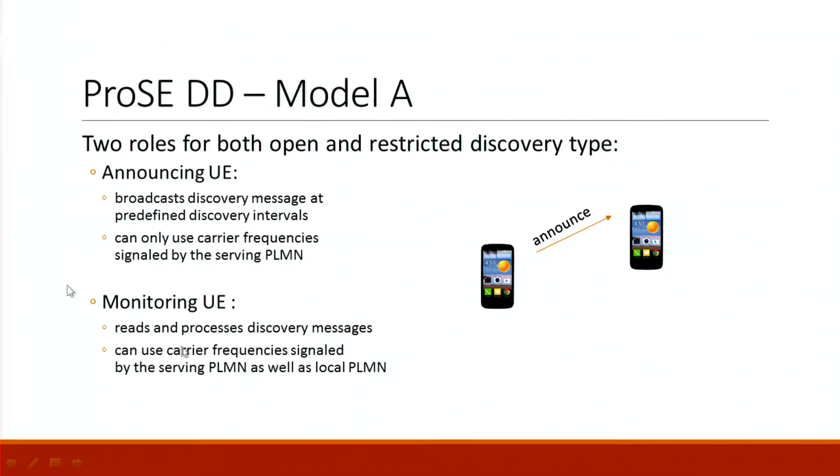And D2D nominally allows you to talk also to other operators' UEs. So the monitoring UE can use carrier frequencies signaled by the serving PLMN. That is, the serving PLMN is the one to which I am attached right now. So nominally my own operator. And other local PLMNs, other operators' networks.